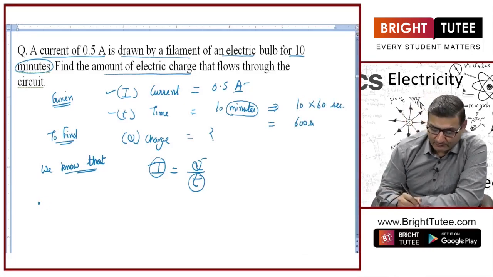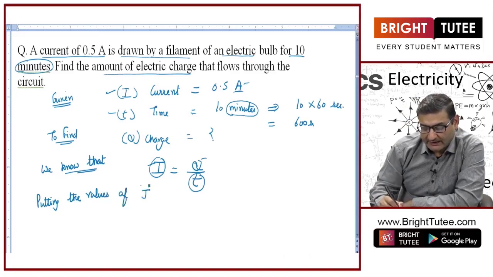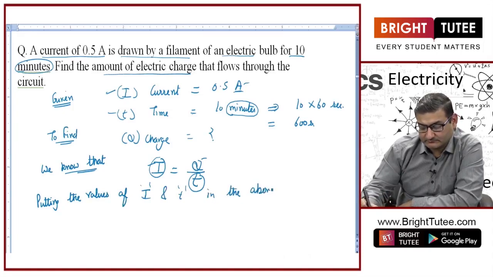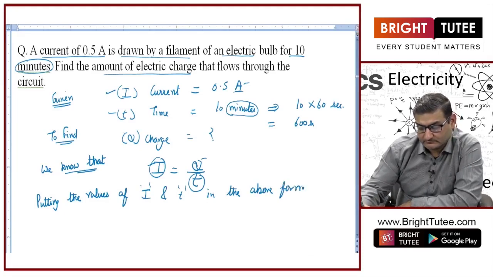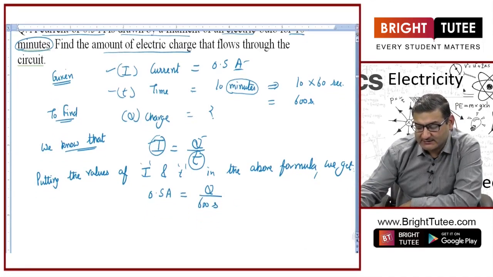Now, putting the values of I and T in the above formula, we get: I was 0.5 amperes, Q we need to calculate, T has been converted into 600 seconds.